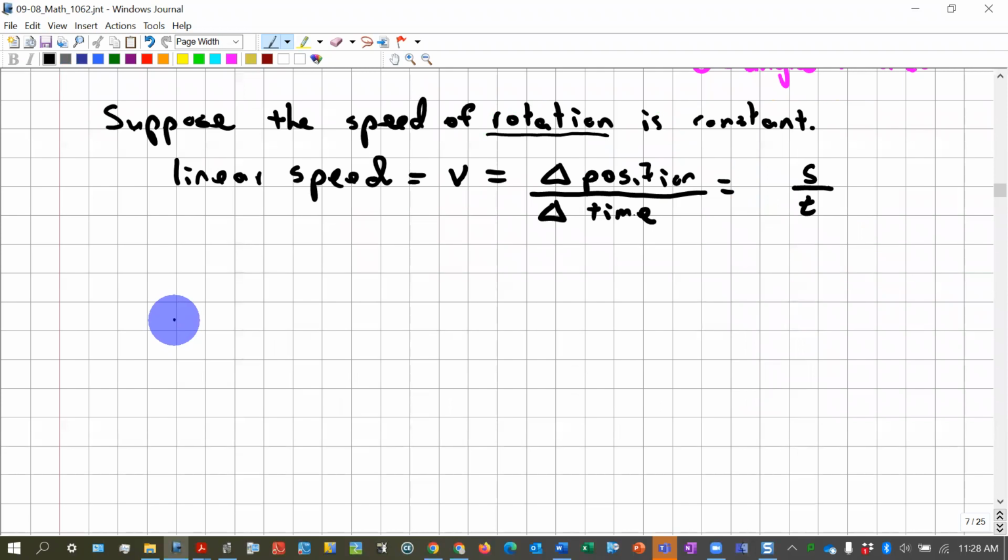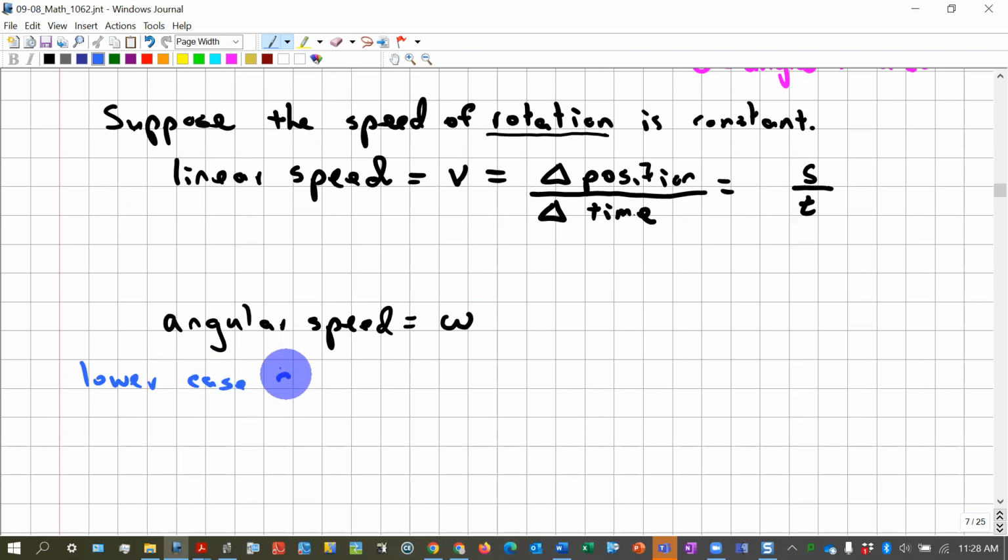But then we also have angular speed, which we use a lowercase omega, which sort of looks like a Latin W. Uppercase looks like this.